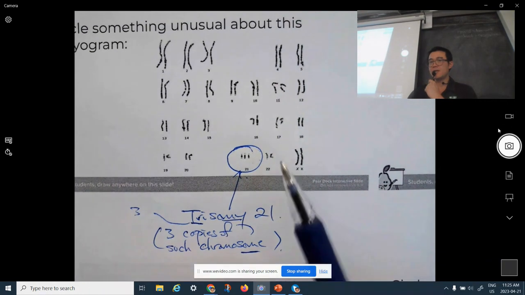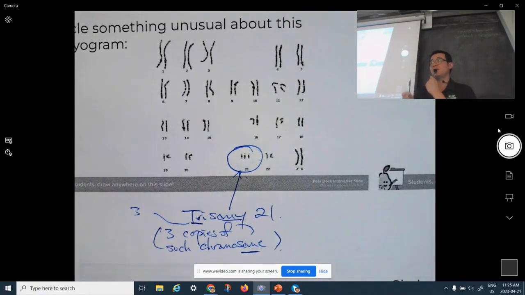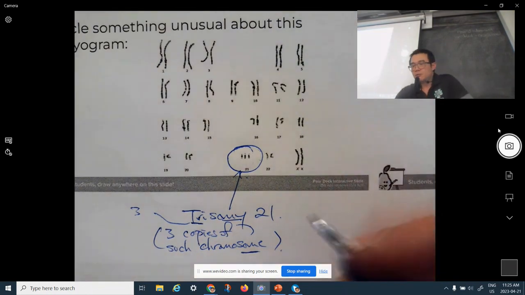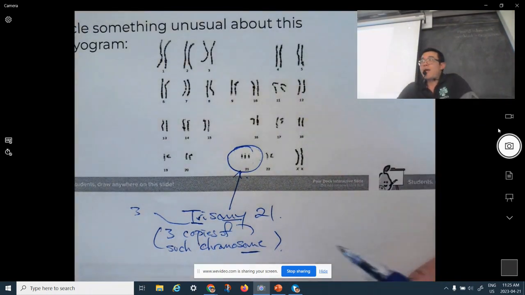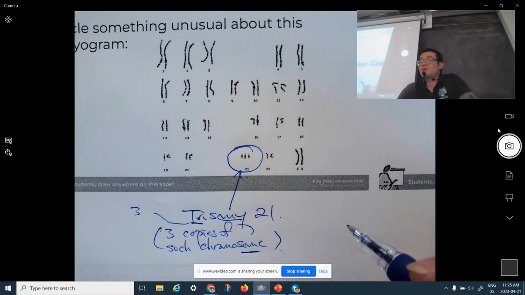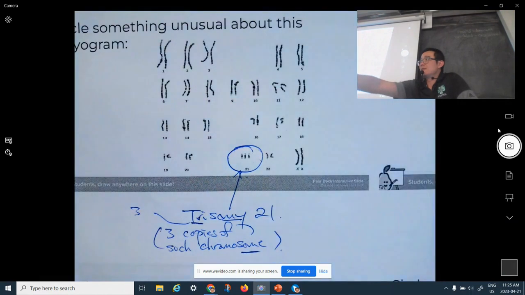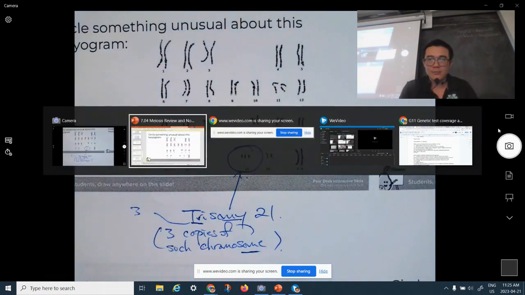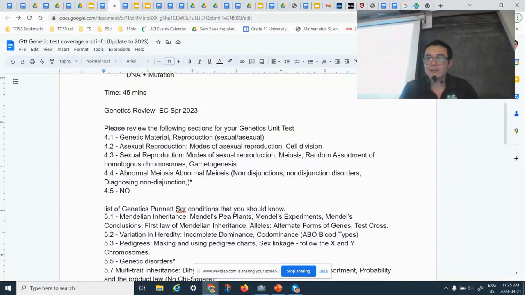So in this case, trisomy 21 is a viable condition, but this condition will certainly have some problems. Now, trisomy 21, anyone happen to know, without looking things up, what that condition is called? Yes? Down syndrome. That's correct.